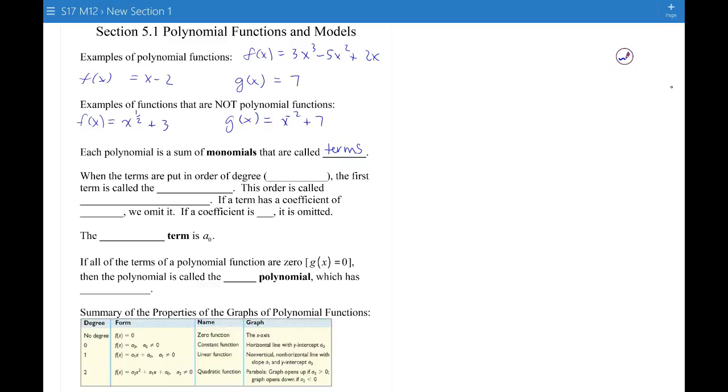When the terms are put in order of degree, descending, so the highest one first, the first term is called the leading term. As we read from left to right, it's the first one we come into. And this order is called standard form.